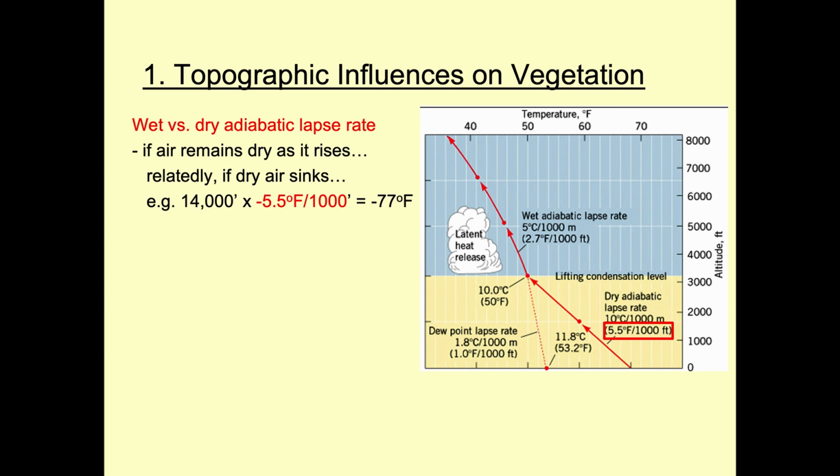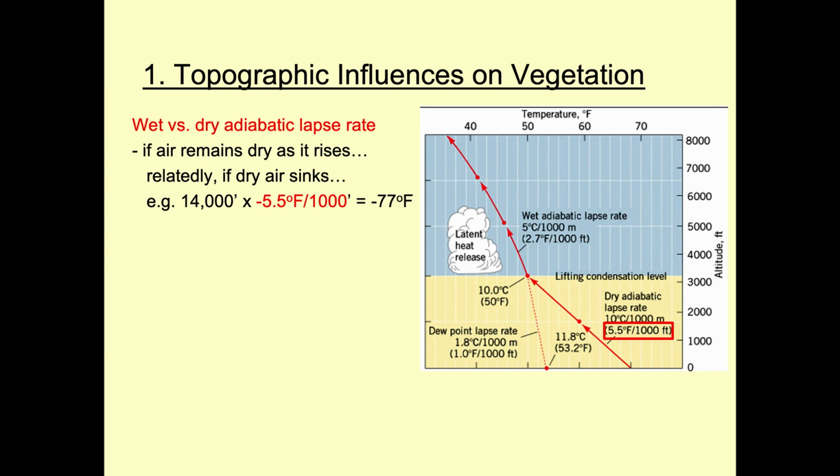Relatedly, if this parcel of air sinks and remains dry, then the parcel of air will increase in temperature at 5.5 degrees Fahrenheit every 1,000 feet.